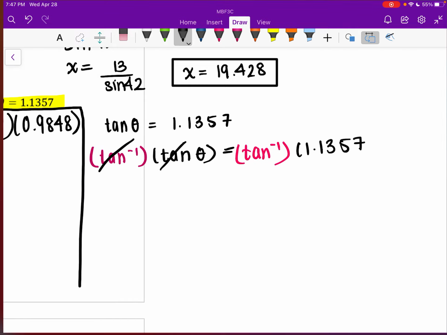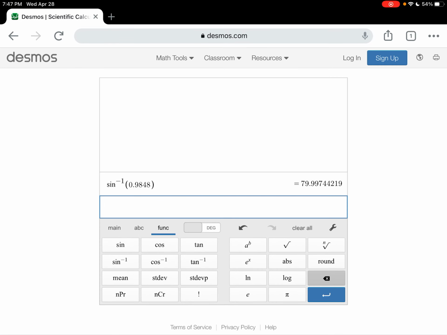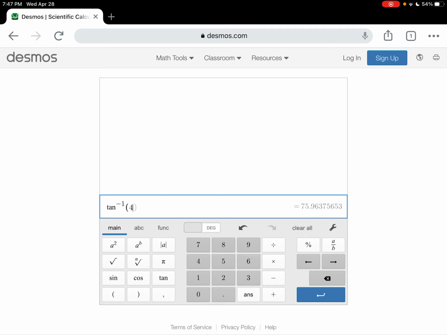1.1357. So again, if I go back here, I'm just going to go to tan inverse. I like to clear everything first, tan inverse, and then 1.1357. Personally, I dislike this calculator because it's not as nice as a regular one, but I can't show you my regular calculator because I don't have it on screen.